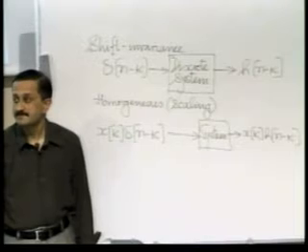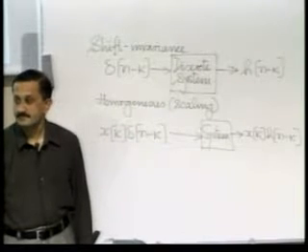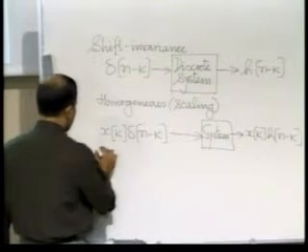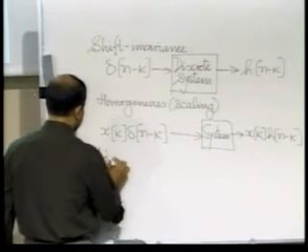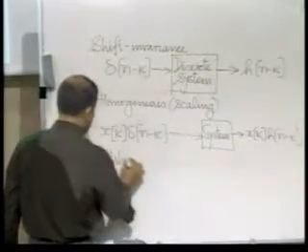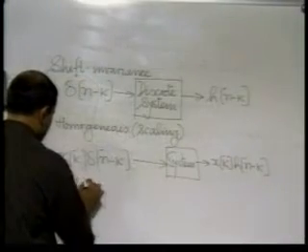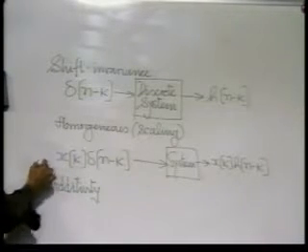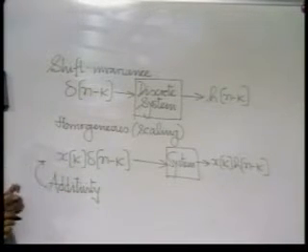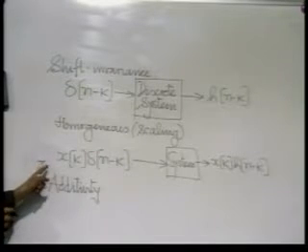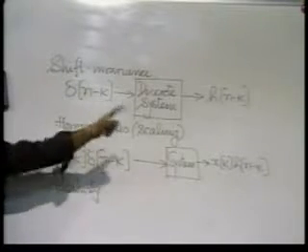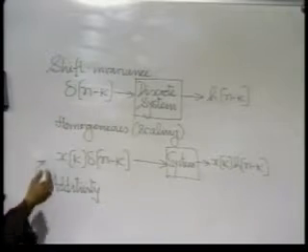And finally, we use the property of additivity. Because of additivity, if I sum this over k, the output is also summed over k.